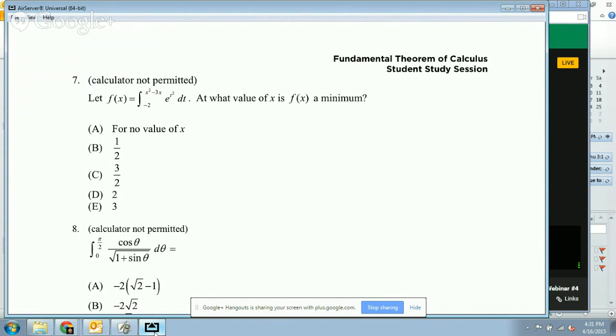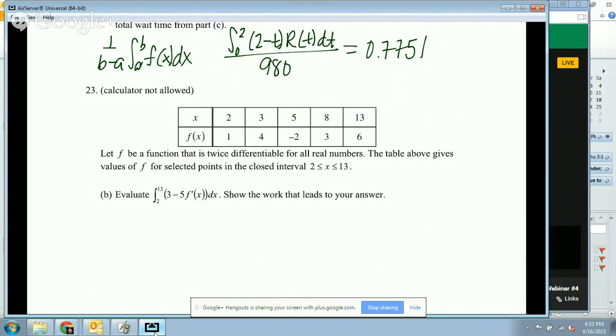Let's pretend that I don't have that really scary integral right there. If I was just being asked to find a maximum or minimum, what would I consider? Well, I'd probably consider where the derivative is zero. Take a look at this. You're thinking to yourself, oh my gosh, they didn't give me a way to do this.